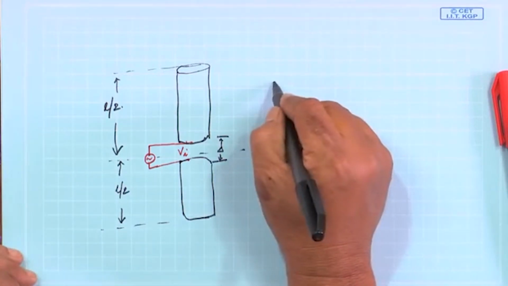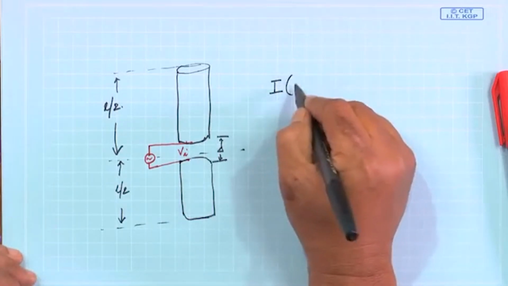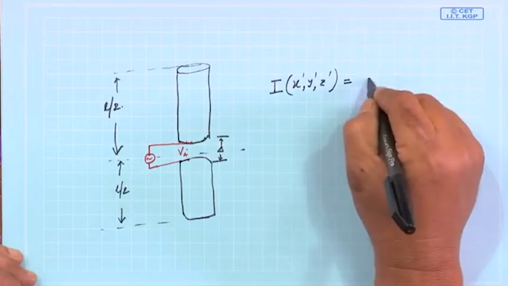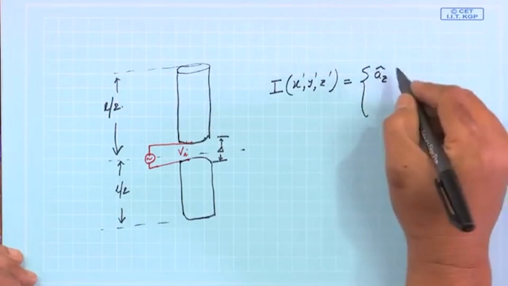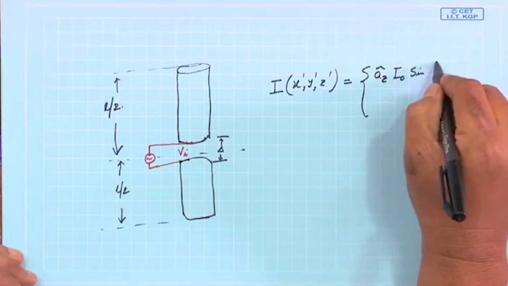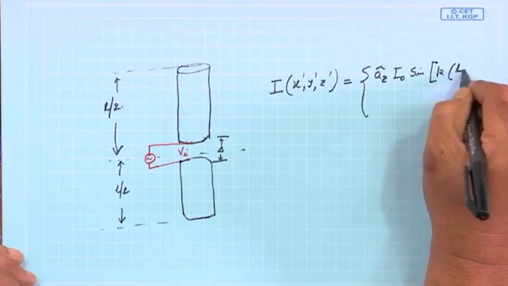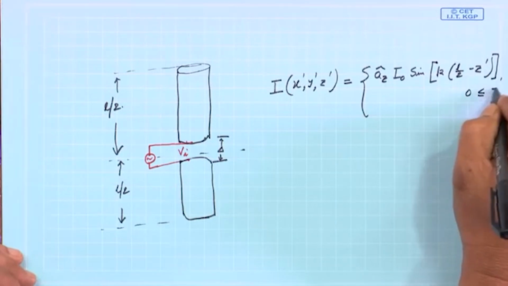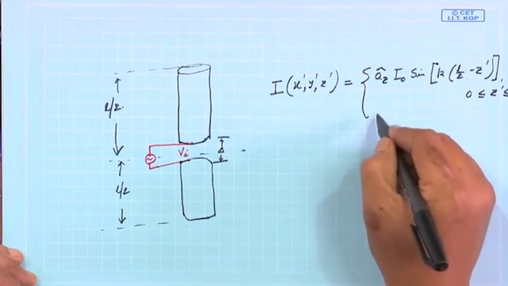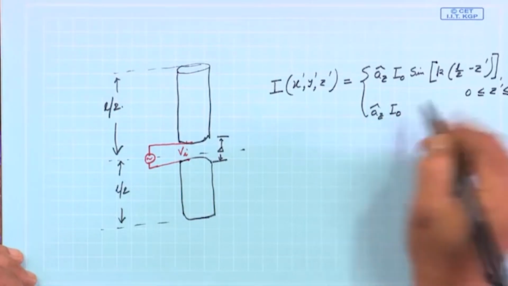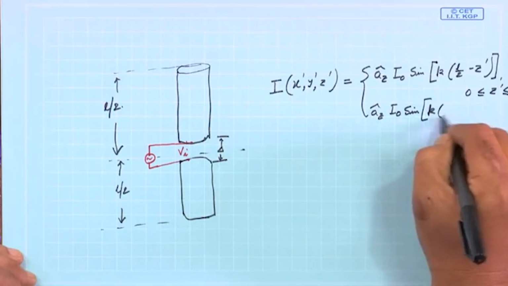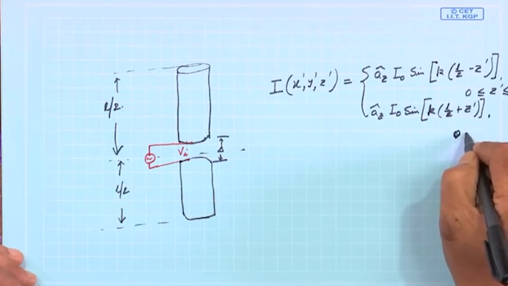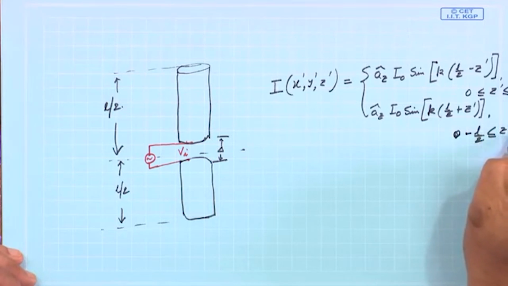Previously, to help you recall, while we discussed the sinusoidal case we took the current distribution as A z, I naught sin k (L by 2 minus z dashed) for 0 less than or equal to z dashed less than or equal to L by 2, and in the bottom half it is I naught sin k (L by 2 plus z dashed) for minus L by 2 less than or equal to z dashed less than 0.